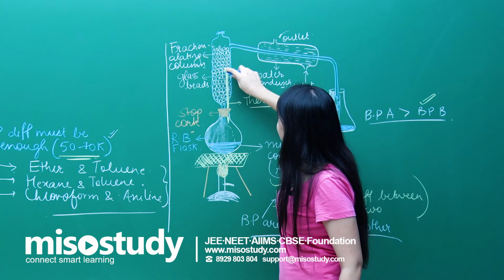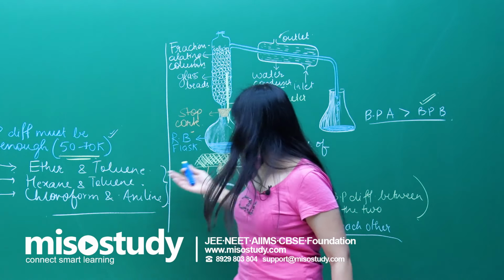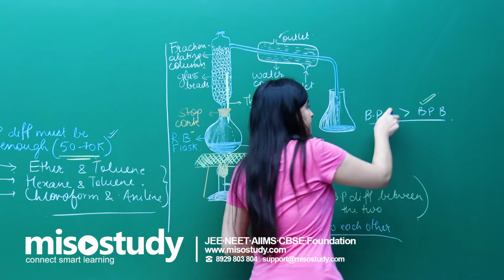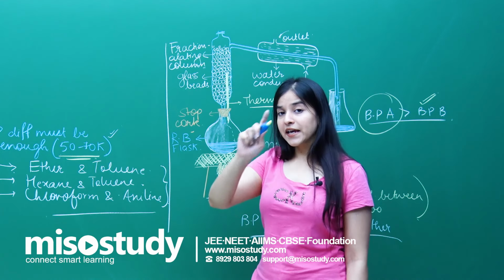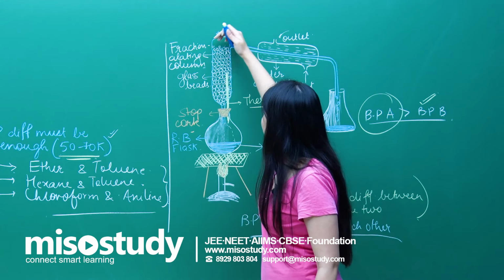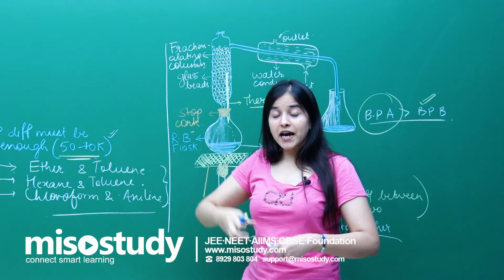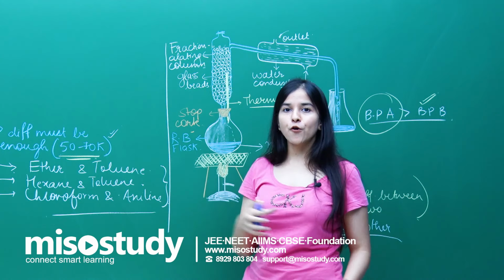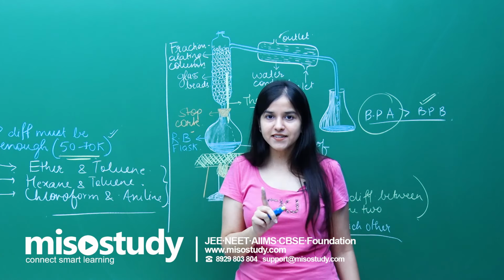So it just travels and travels till the temperature here rises so much that A starts boiling off. And when A starts boiling off, B has almost reached the top. So B has got time to travel up and then gets condensed before mixing with the vapors of A, right?